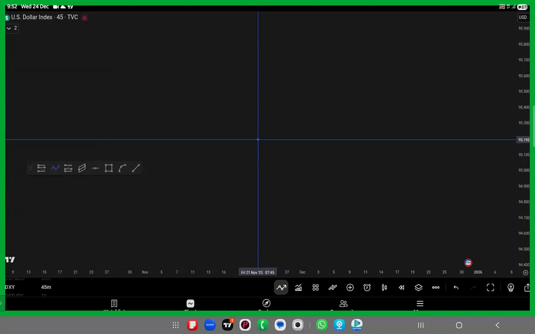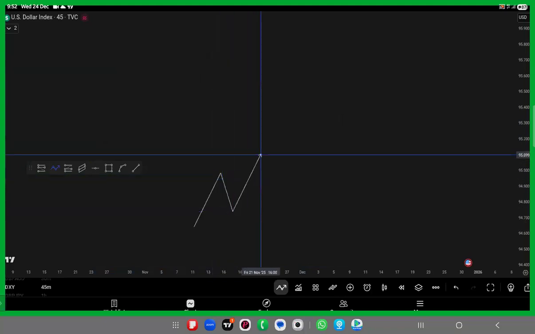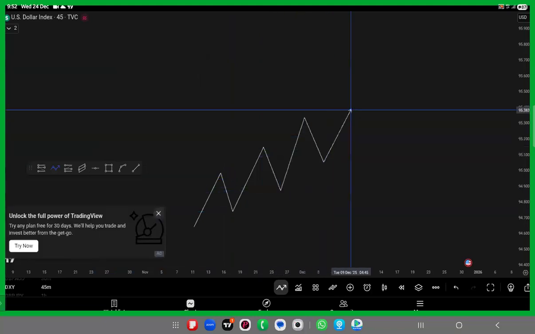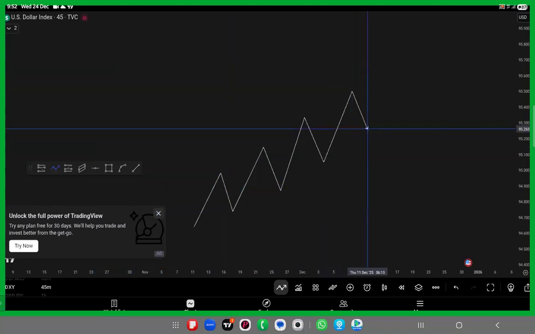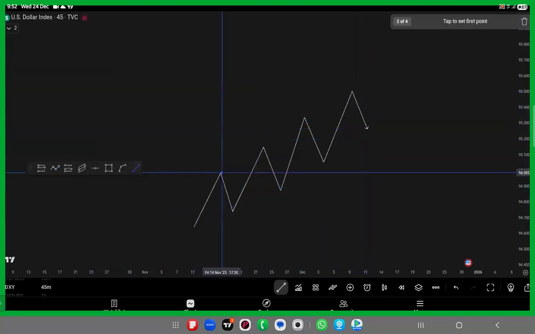Take, for instance, in an uptrend. What is happening in an uptrend is that market is taking out just one particular type of liquidity, which is the buy side liquidity.